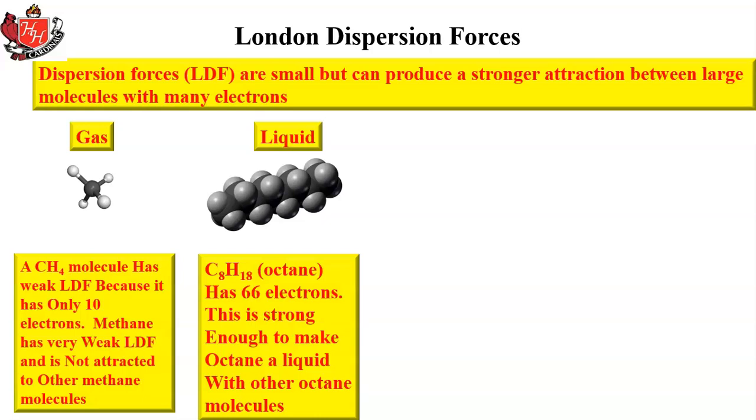And so it's going to stick to other octane molecules. The negative side of one octane molecule will stick to the positive side of another octane molecule. And octane basically is gasoline. It's what people put in their car, and we all know that that's a liquid. So octane would be a liquid at normal room temperature.